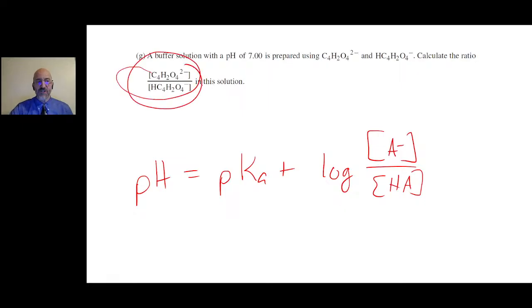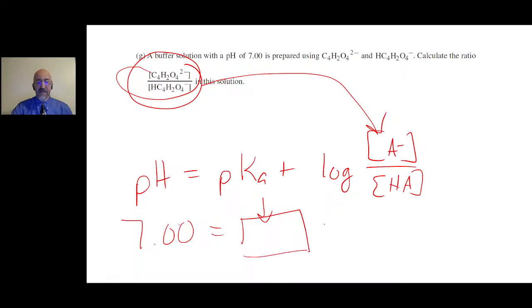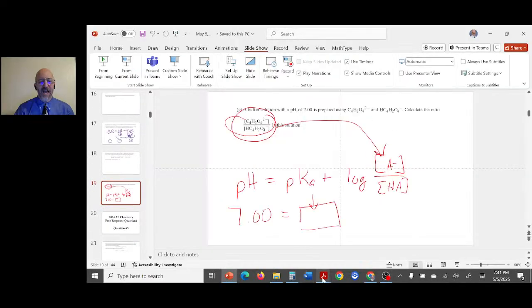So there's our ratio right there. And so a buffer with a pH of 7. I can plug in the pKa that I have calculated, and then I can solve for the ratio from that log. So I'll go ahead and show you what the scoring guidelines look like for that part. You can see how they set it up.